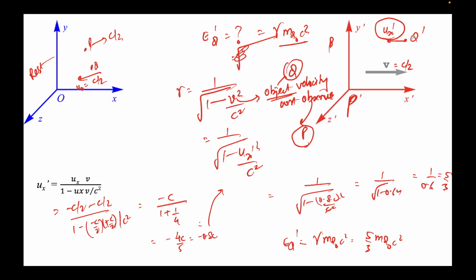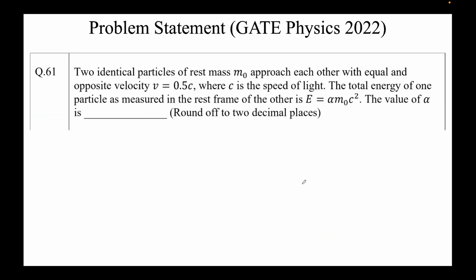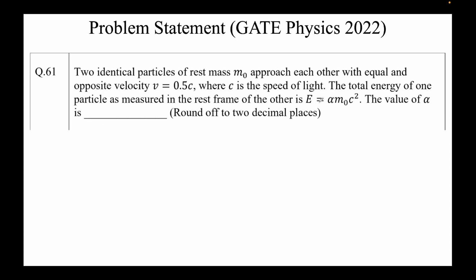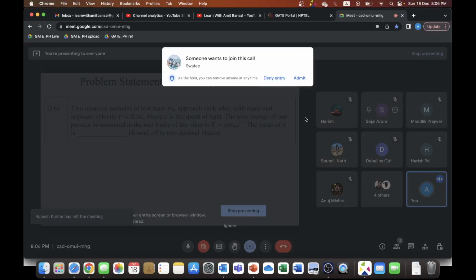So we needed to find the velocity of Q in P's frame, which is the nomenclature we have been following in the previous sessions, which is ux prime. Hence we just put it in the formula, get the value of gamma, equate, and find the value of alpha. So this was a very similar problem, very simple problem, but we don't have time, we'll do it in the next class. So I'll pause here.